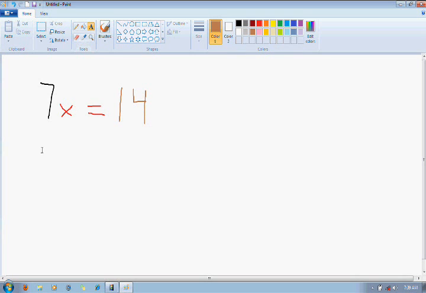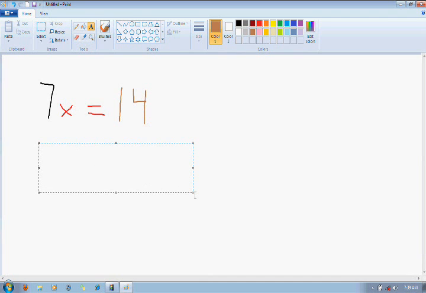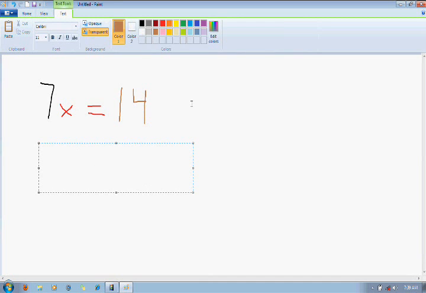One way I could do it is create a text box, and in the text box let me change the font size. That ought to be good enough.